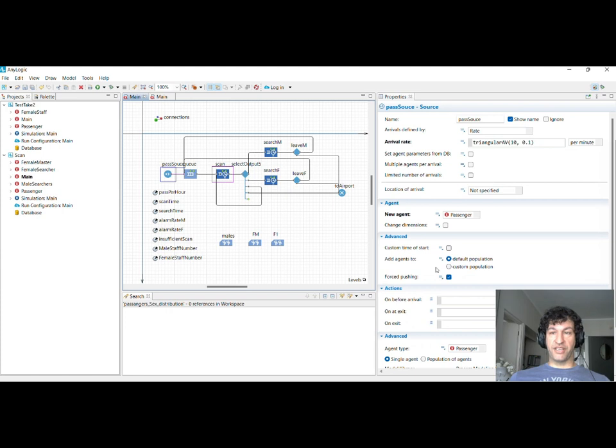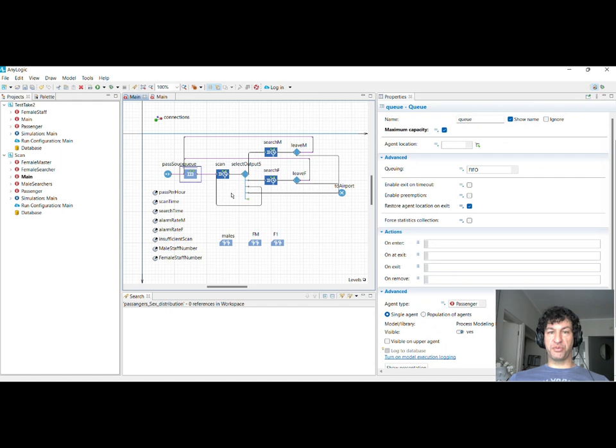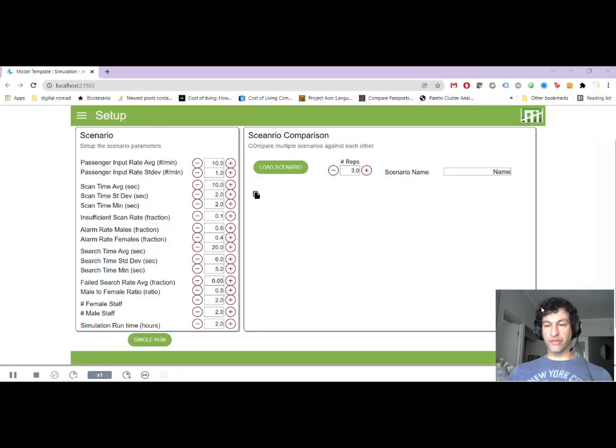So here the only problem is this triangular distribution that you have as the arrival rate, which is wrong, but the rest is quite good. Even though it's quite a minimalistic project, it has everything that it needs to have. Even though it has maybe this unnecessary queue, there are no horrible errors here.